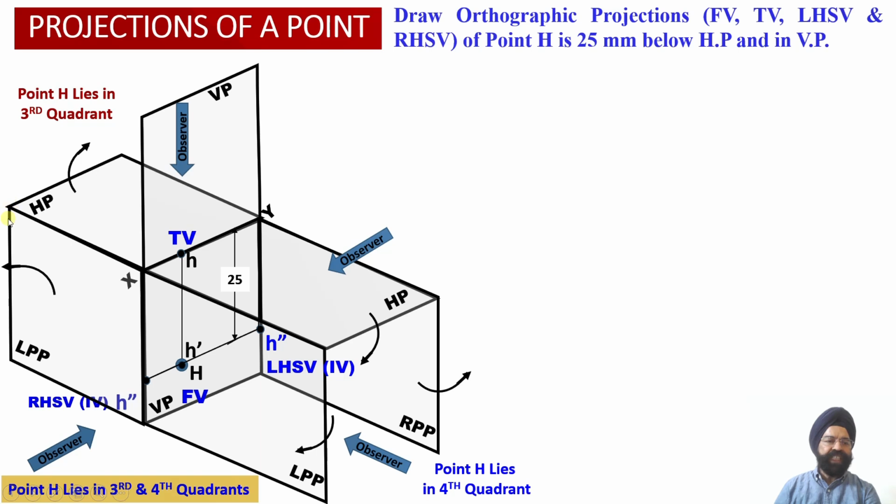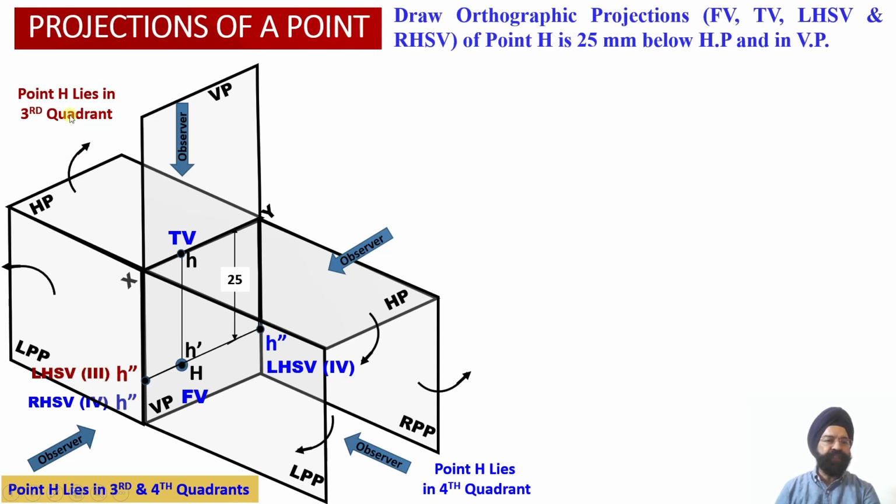So once we draw the left profile plane and assume that this point H lies in the third quadrant, when the observer looks at this object from the left side orientation, the projection of this point H will be obtained in the left profile plane as point H double dash, which represents the left hand side view projection of this point, assuming the point to be located in the third quadrant.